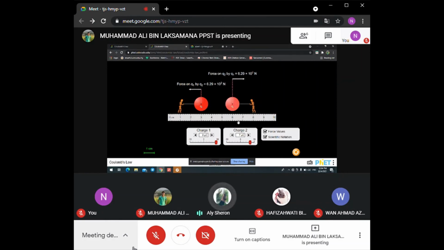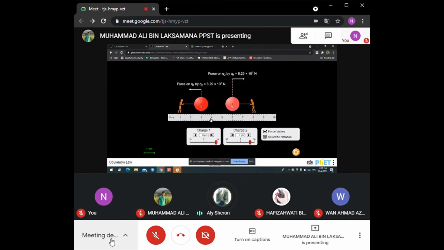The force of charge 1 on 2 is 6.29 times 10 exponent 2 Newton, and the same goes for the force of charge 2 on 1. Based on the simulation, the force is repulsive.